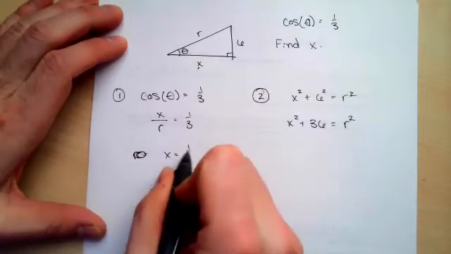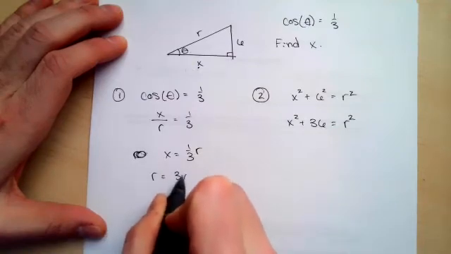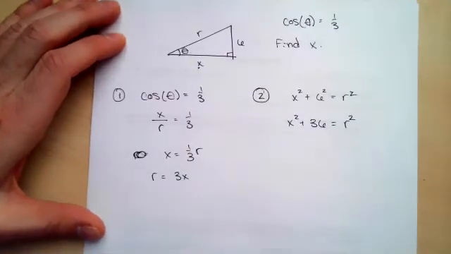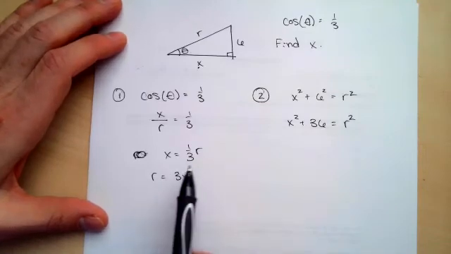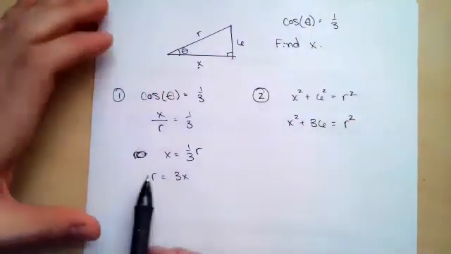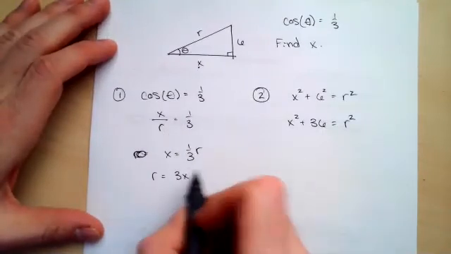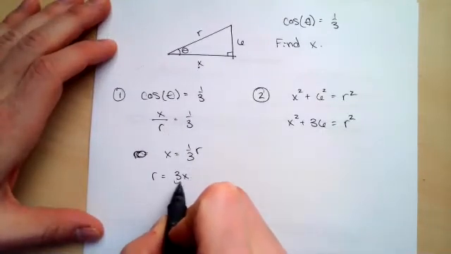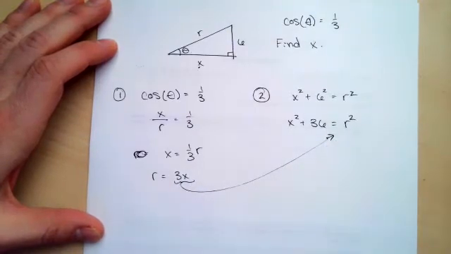So we'll have x is equal to 1/3 r. And so r is 3x. The reason I want to solve for r first is because you're essentially solving out that information. You're getting rid of the information of r when you solve for that in the first equation and only retaining this information of x, which I'm now going to stick into our second equation.